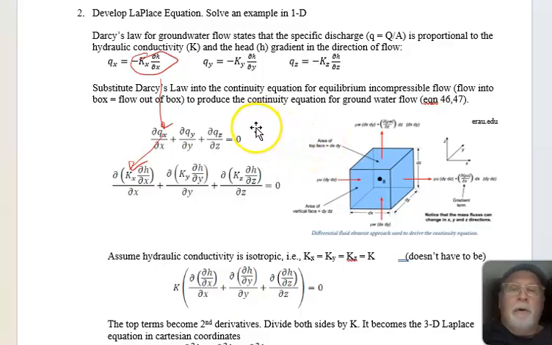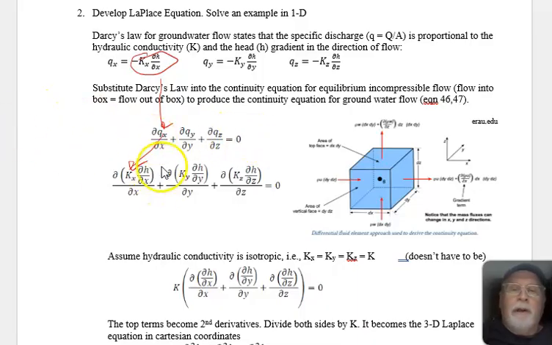Now, if we assume that, first of all, the hydraulic conductivity is constant for my little tiny box, it can change a lot over space, but we're developing it for a little tiny box. And then it's isotropic, which means the same in every direction. It doesn't have to be, and if that's not true, we can do something else, but the math isn't quite as neat. So for our example, we'll do that.